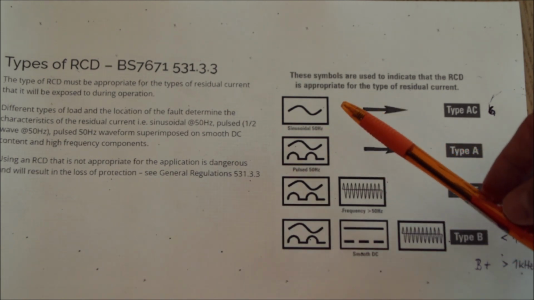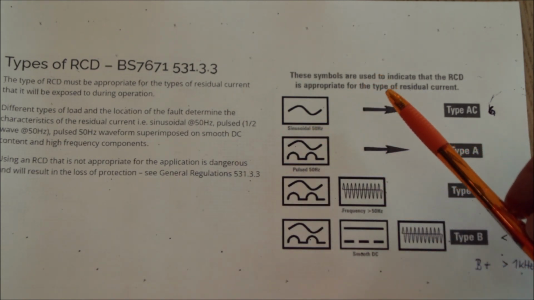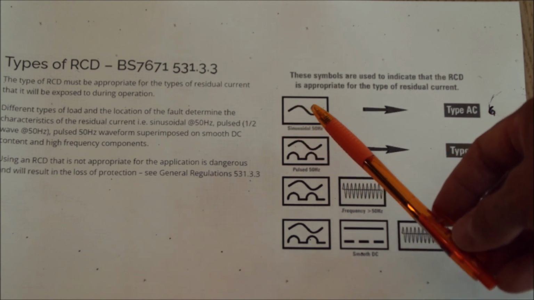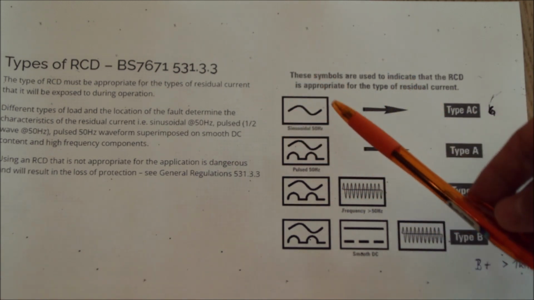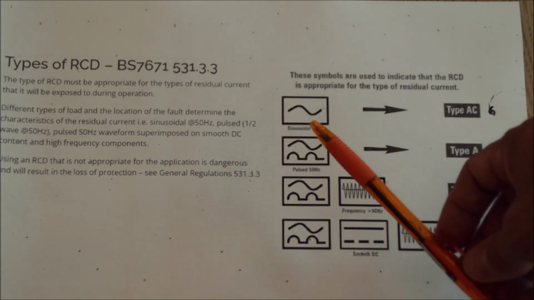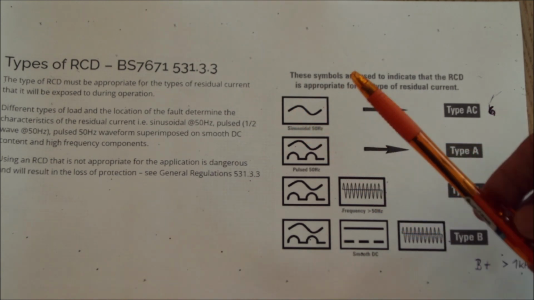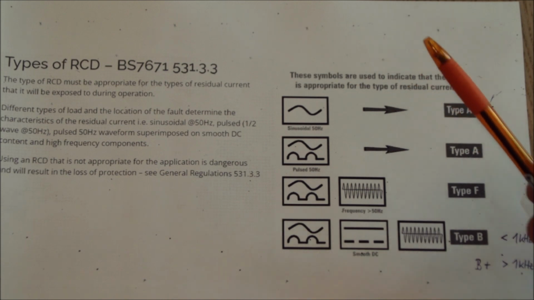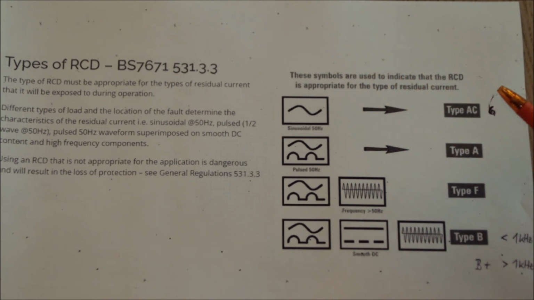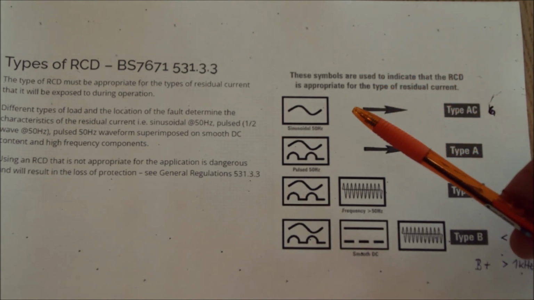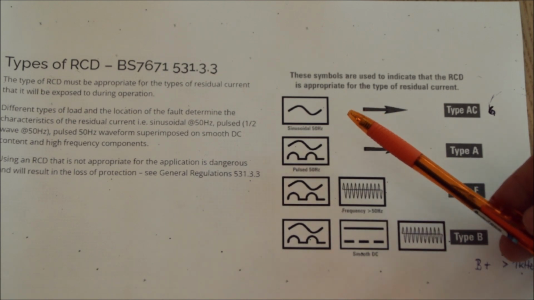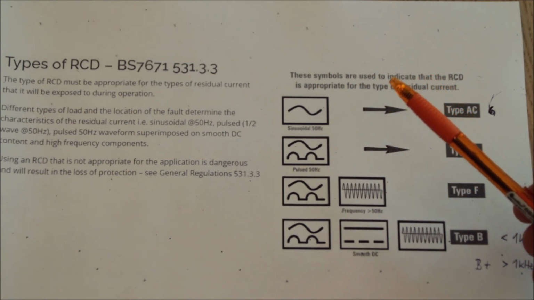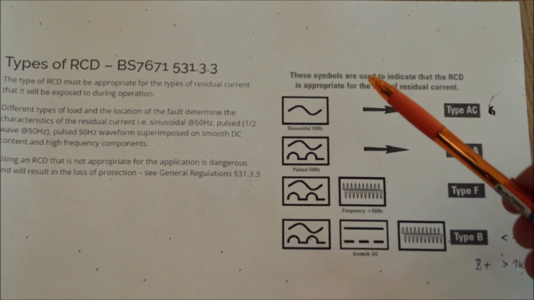The basic types basically mean you have a sine wave in, which is 50 Hz, 60 Hz, and if you have a ground fault in the circuit, then there will be a measurable residual current, and in the basic types that residual current should also look like a sine wave.